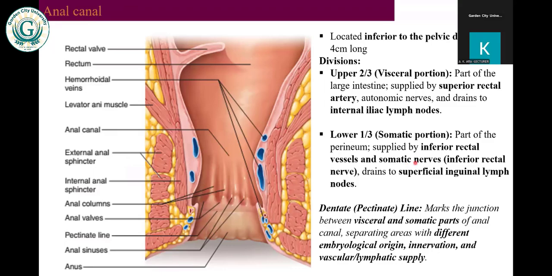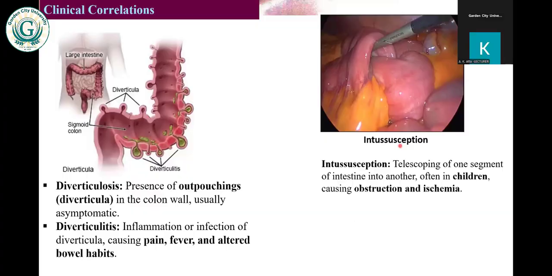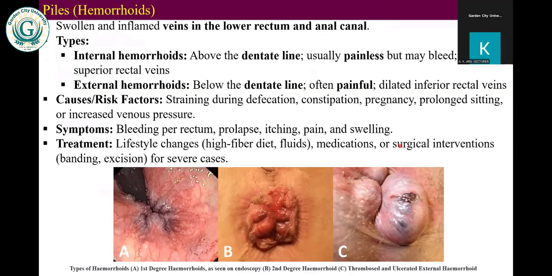When we were looking at the peritoneum, we said that the visceral peritoneum is innervated by autonomic nerves, so pain is diffuse. Then the parietal peritoneum is innervated by somatic nerves. So you get it.